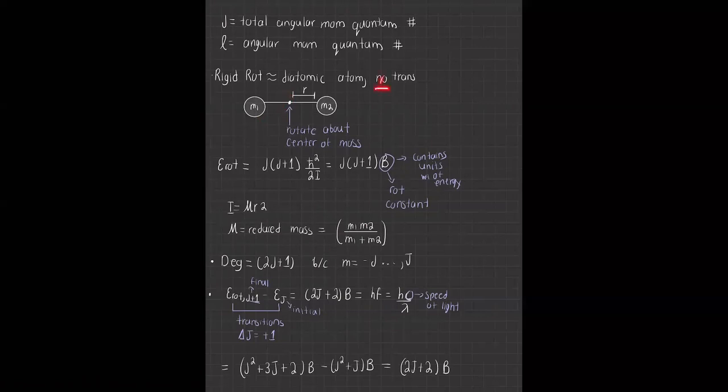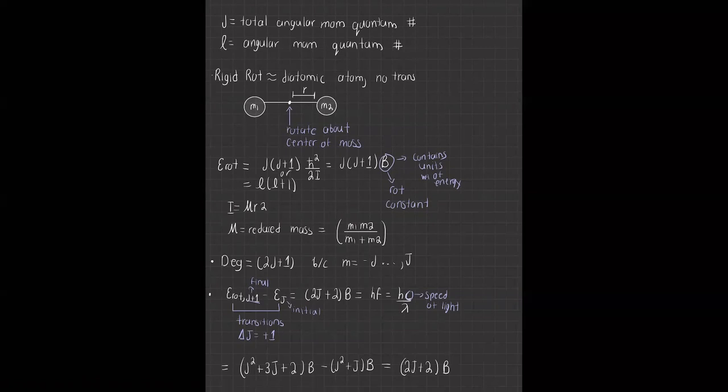And it has no translational energy. So when it rotates, it's going to have an energy, and this energy is determined by a quantum number called J. And if you're given a question, it can either be J or L. Just do the problem the same way and just replace the variables. So it can be like L and L plus 1. Pretty much, it can be the same thing.